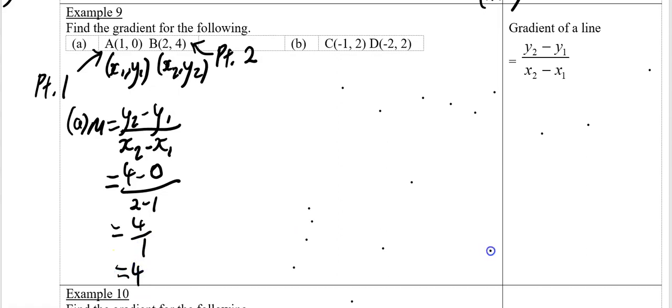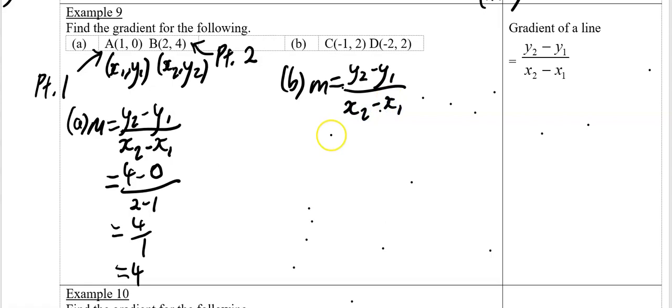Okay, for part B, likewise, my M will be equal to y2 minus y1 over x2 minus x1. So my y2 will be 2 over here, 2 minus 2 divided by minus 2 minus minus 1.